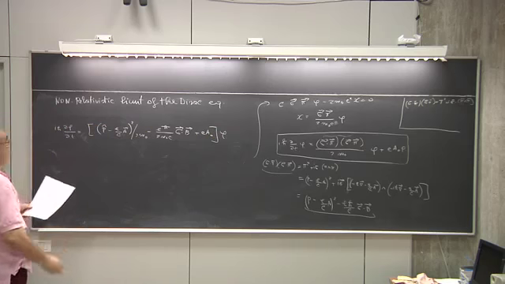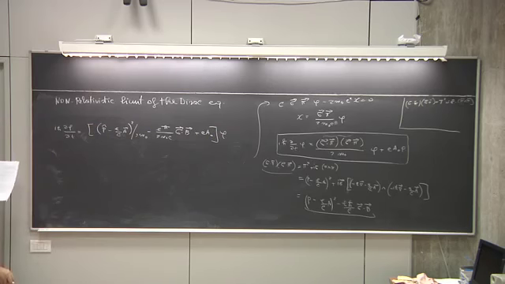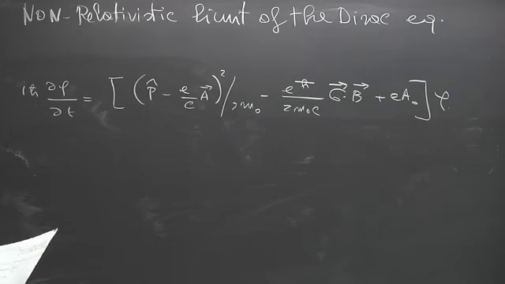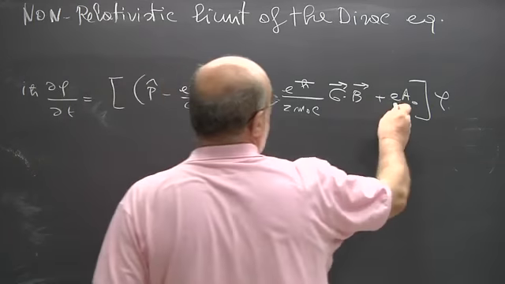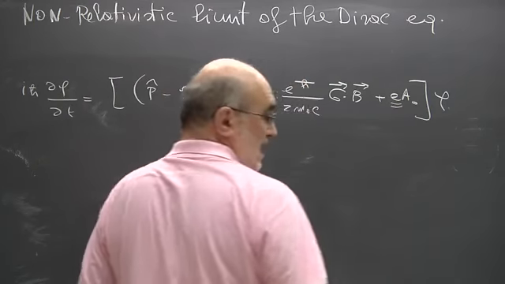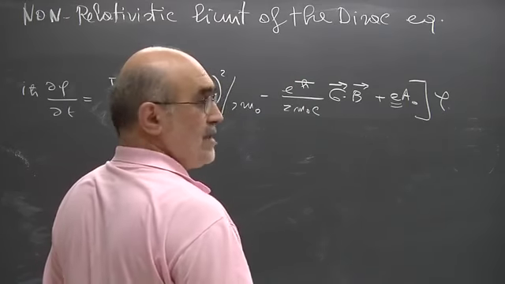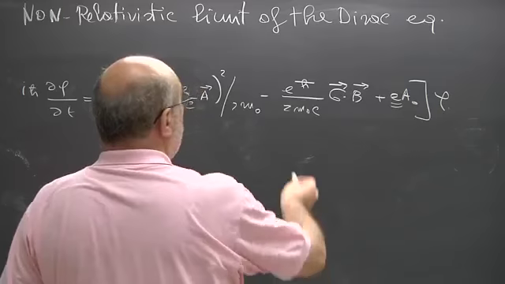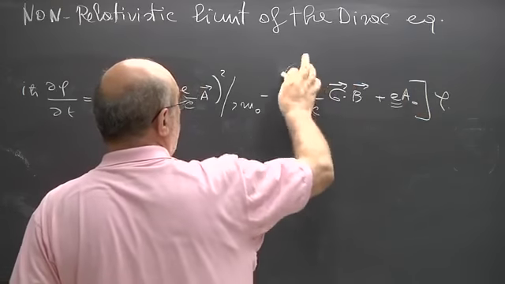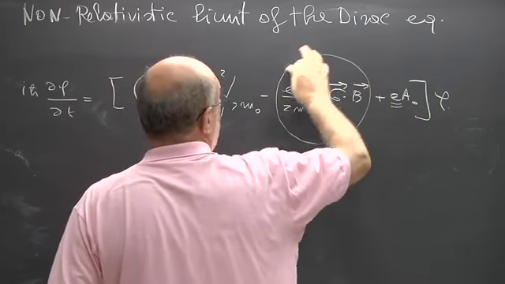Okay. Now, so this is the non-relativistic version of the Dirac equation in interaction with an electromagnetic field. And you see, it is a charged particle. What the result we get is a charged particle, but that we knew we put in a charged particle in order to interact with the electromagnetic field.